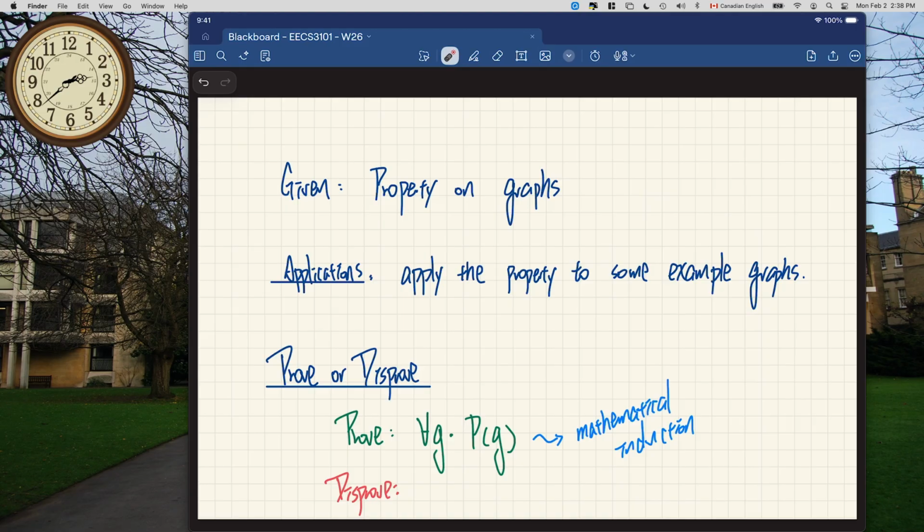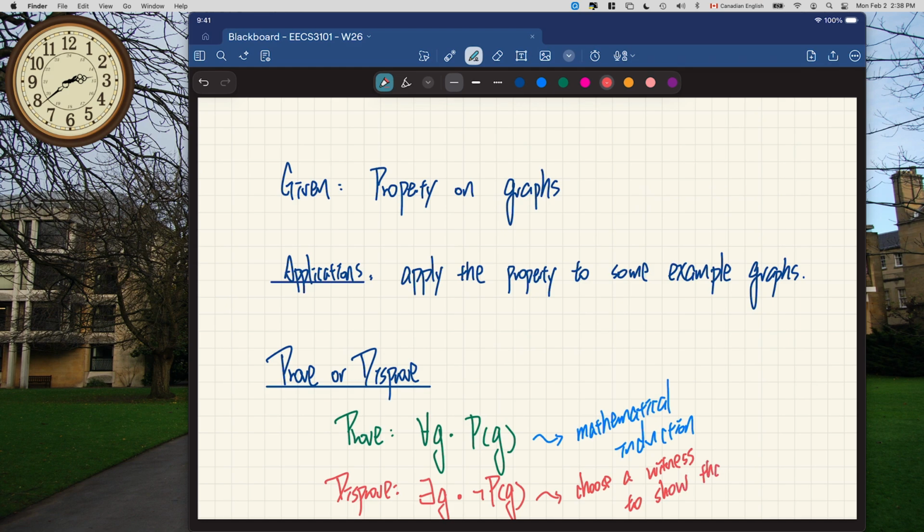So you're going to have: there exists some graph G for which the property does not hold. So basically, choose a witness to show that the property does not hold.